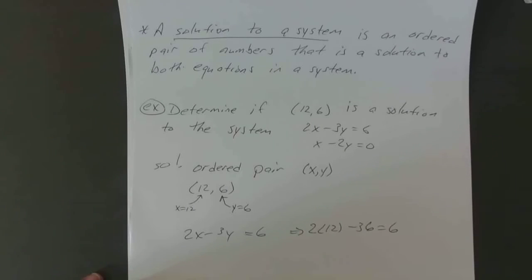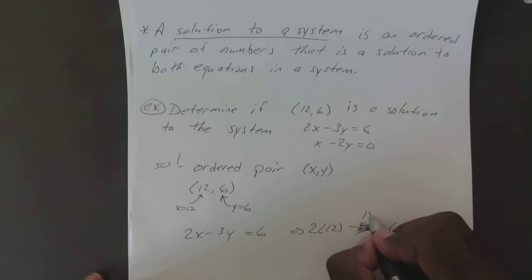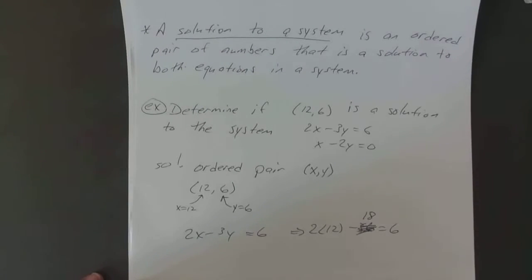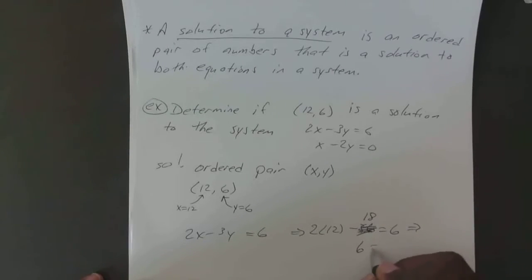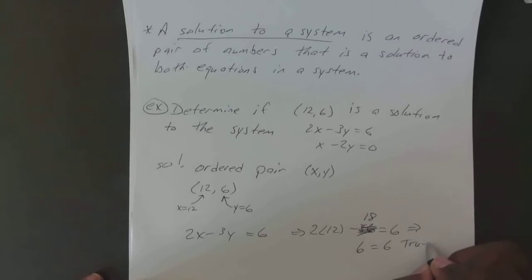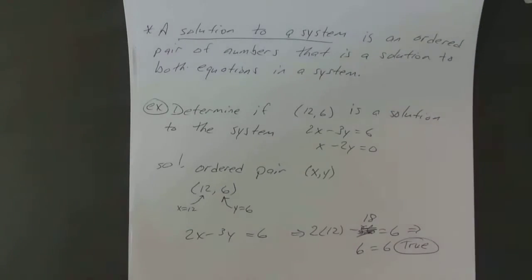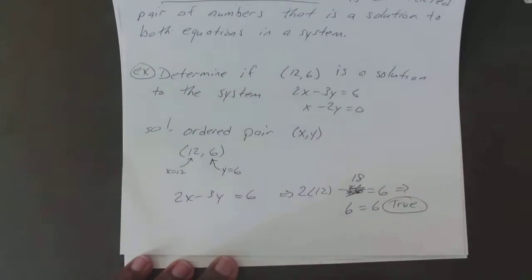Oh, wait a minute. Where did I get 36 from? 18. Sorry about that. It actually is true. So you end up with 24 minus 18 is 6. So you end up with 6 equals 6, which is true. I knew that one should have been true. Any questions on that one?